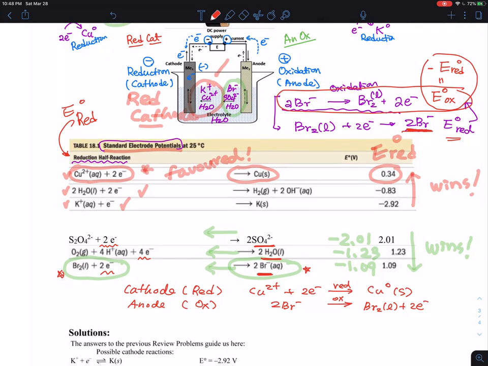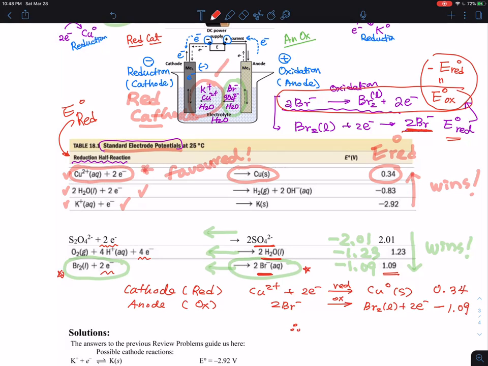And then what's the value do I have here? Because it's a reduction, I can use the same value. And this is an oxidation, so I have to use a reverse value shown up here, which is 1.09.